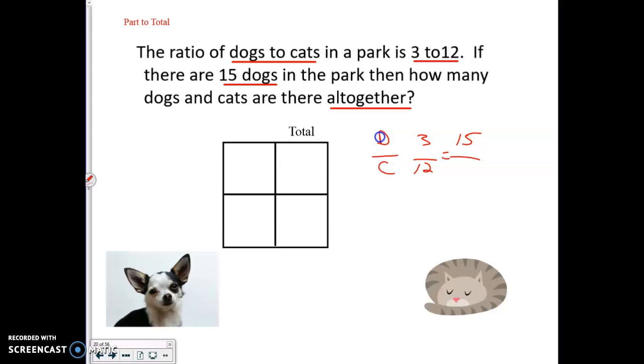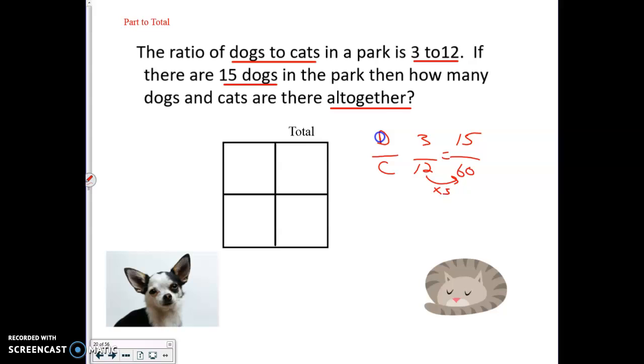Okay, how many dogs and cats are there altogether? So again, I can use my original ratio, guys, to determine this process. So how do I get from 3 to 15? It's times 5.